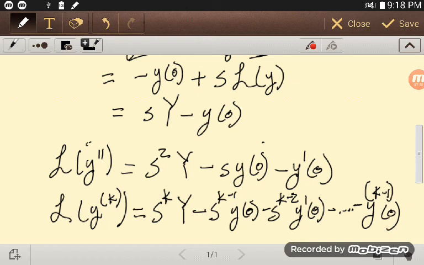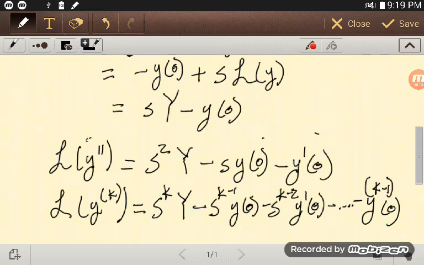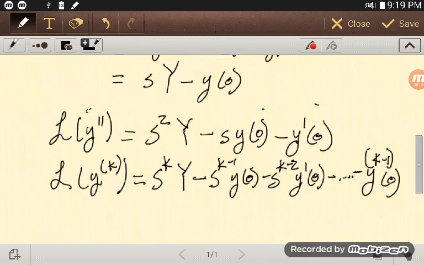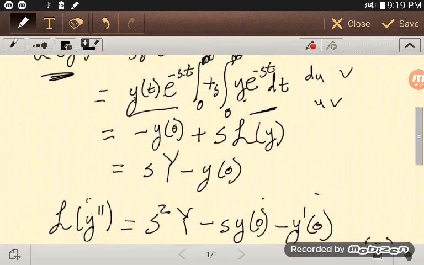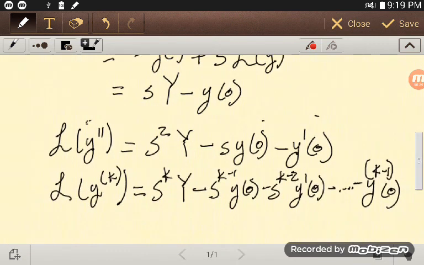So we would know those two values, and this turns out to be the amazing property that will allow us to use this particular transformation to solve differential equations. So it's all about this derivative property, and it's got a nice pattern to it.